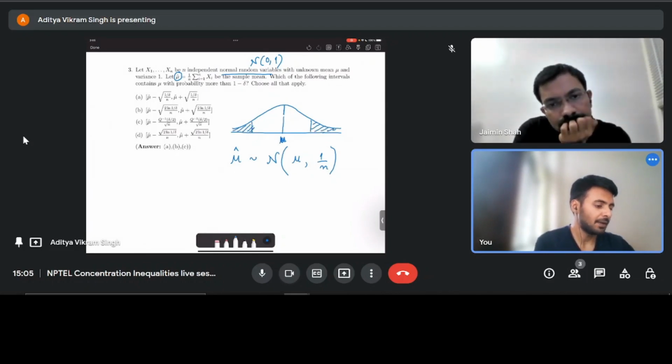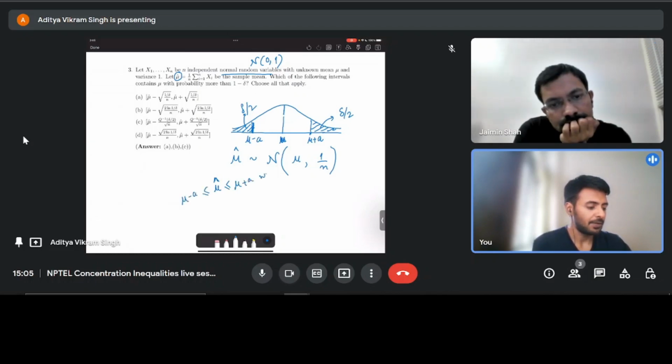Basically we have this interval, and we ignore the delta by 2 tails, and suppose this is mu minus a and this is mu plus a. Then mu hat lies between mu minus a and mu plus a with probability greater than or equal to 1 minus delta.